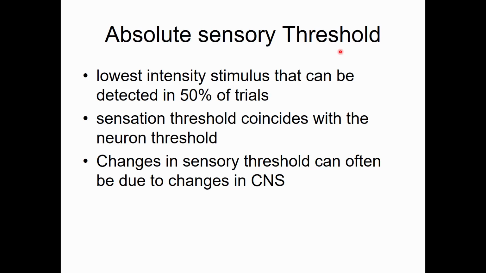So it's not necessarily a fixed point in time or a fixed sensation, but typically when neuron recordings are made, when the person says, "I feel the sensation," coincides with sensory neurons sending action potentials back to the CNS. Sometimes sensory threshold can change because of things going on in the periphery or things going on in the CNS. So for example, someone having a lot of caffeine or someone being very tired or that sort of thing.